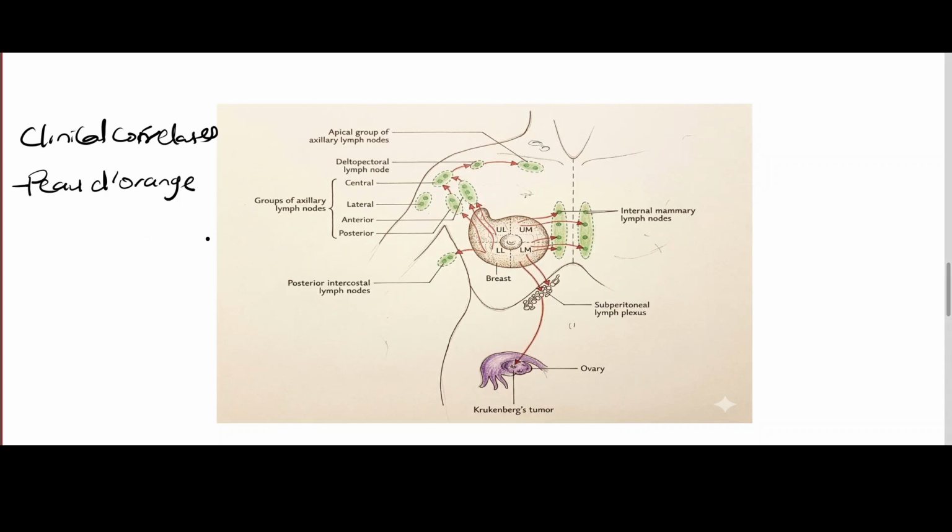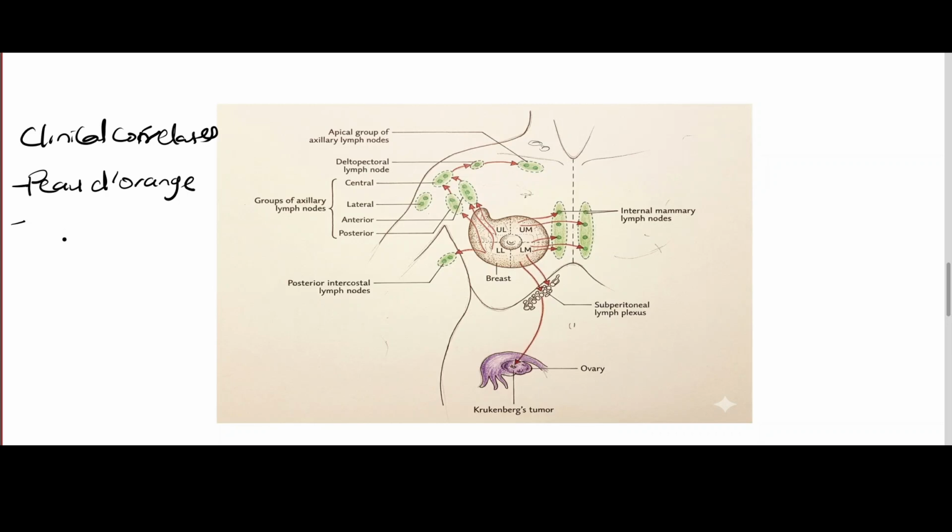This occurs due to obstruction of the superficial lymphatic vessels. This leads to edema and skin dimpling, giving an orange peel appearance. So whenever the superficial lymphatics are blocked, maybe due to a tumor or whatever, it causes this peau d'orange appearance of the breast.